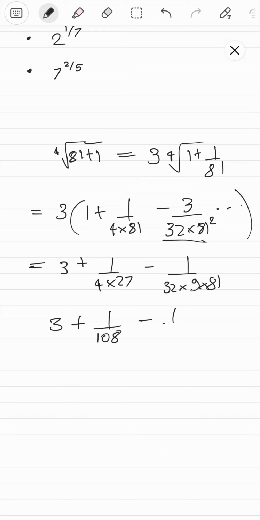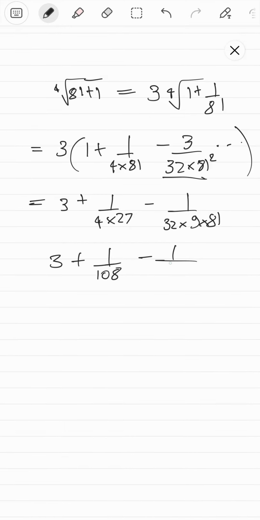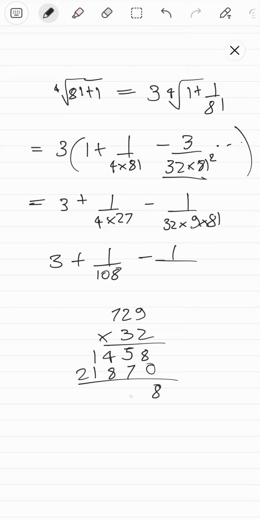Minus 1 upon this thing, let's figure it out. 9 times 81 is 729, of course, and that times 32 is 23,328, whatever that is.